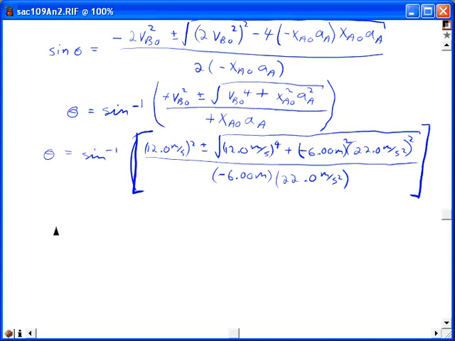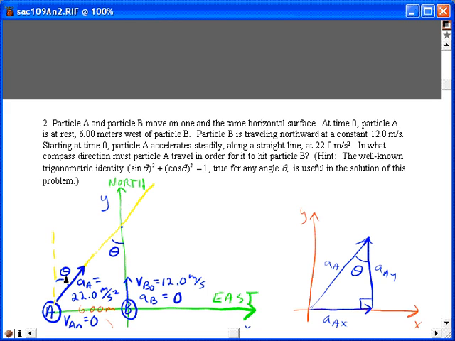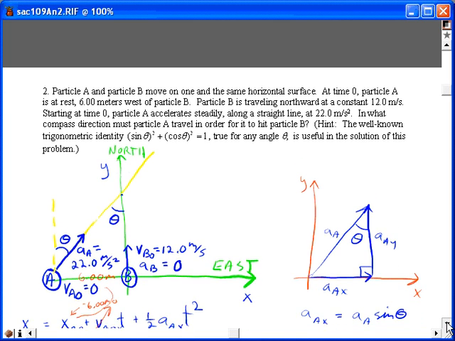I've got two results. One of them turns out to be negative, and that's not consistent with our picture. That is, we need the angle that theta has to be clockwise from the straight ahead direction. We get a minus sign. I think that's going to be too big an angle there.